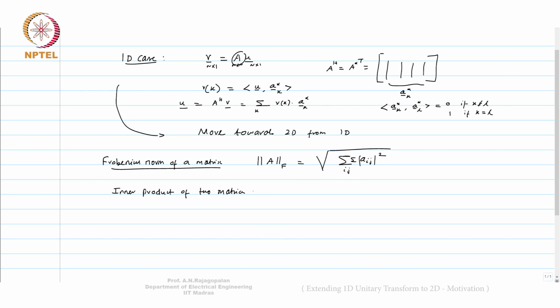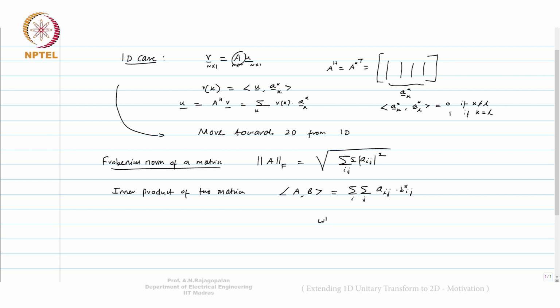So we can have something like the inner product of A with B, which turns out to be a double sum over i, j. It need not be square, but they have to be of the same size, whatever m cross n, and then A_ij times B star_ij.